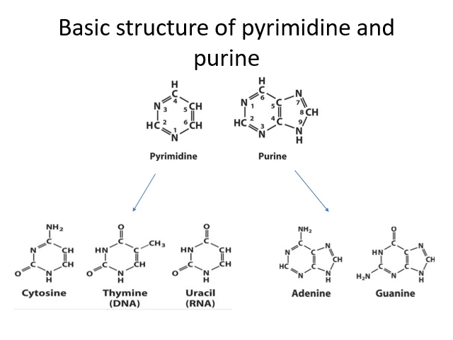For pyrimidine, they are either cytosine, thymine, or uracil. Thymine is only present in DNA, whereas uracil is only present in RNA. For purine, they are either adenine or guanine.